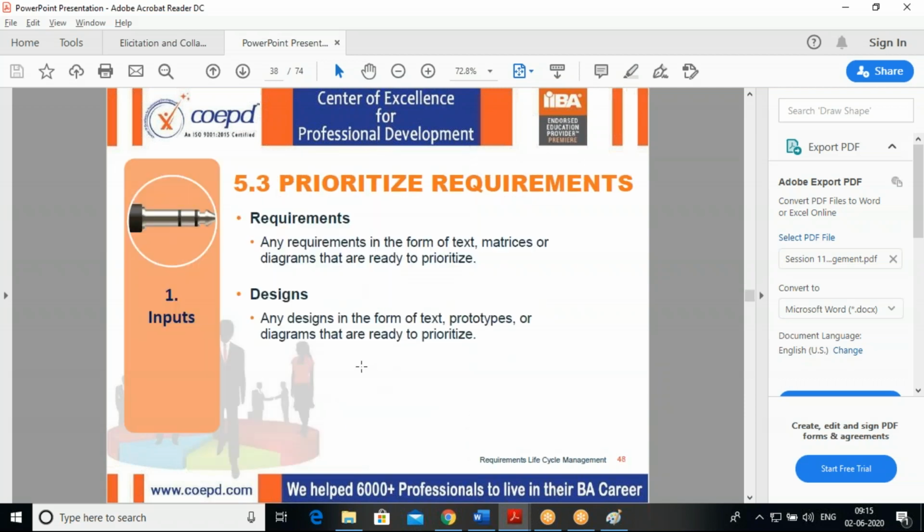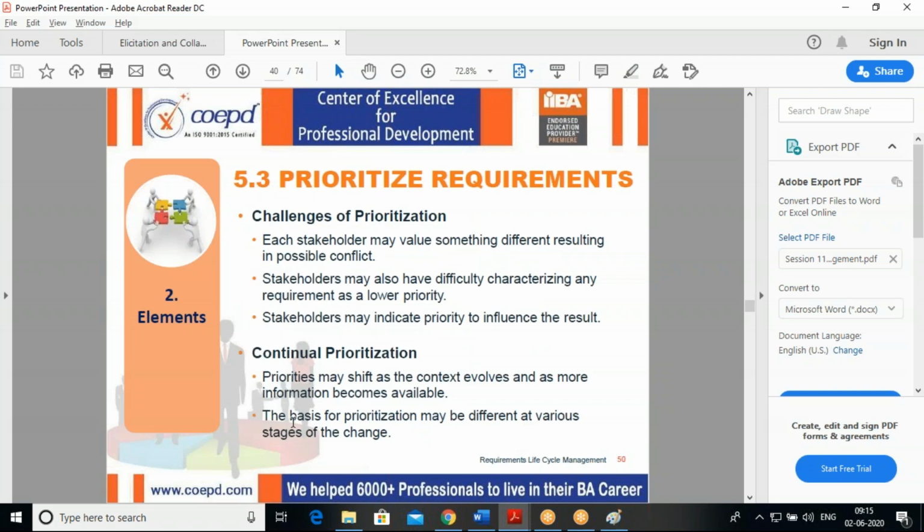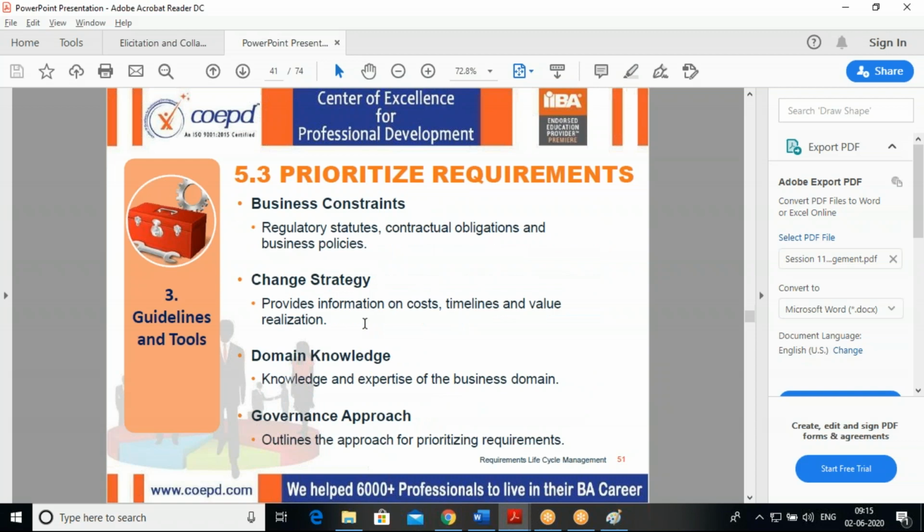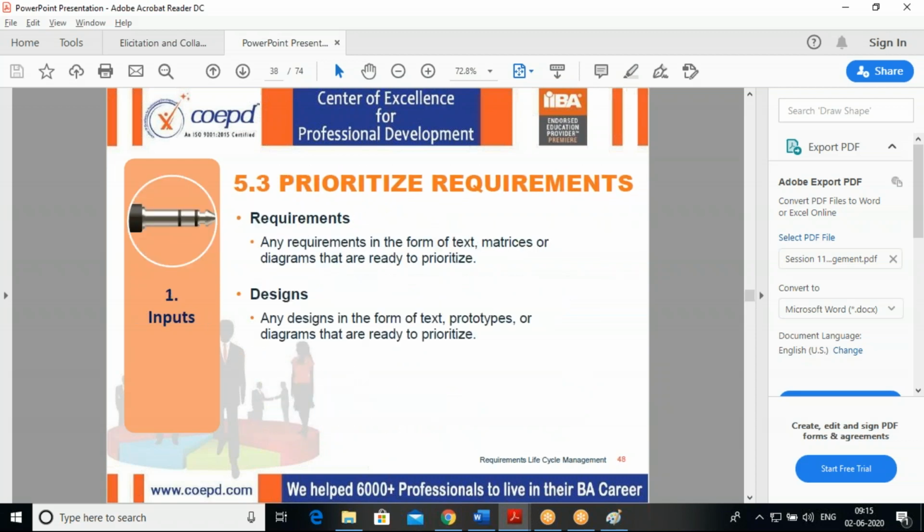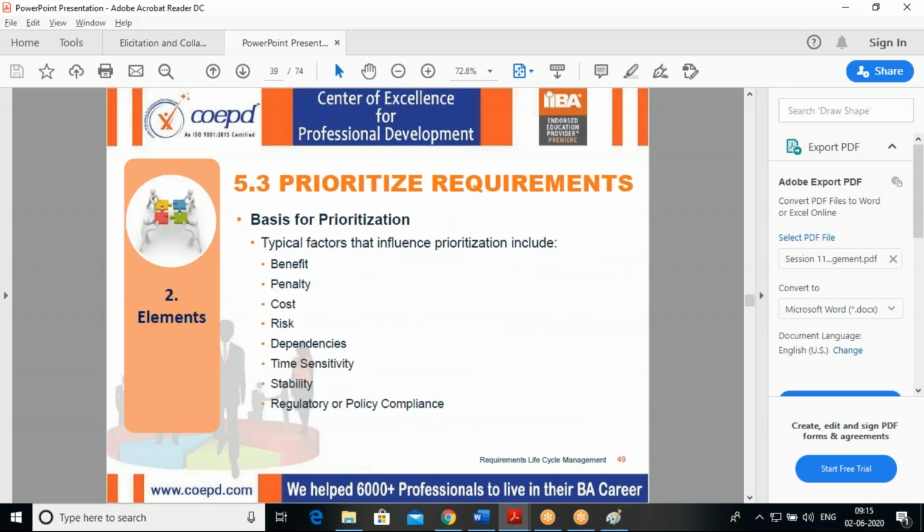Same requirements and design everywhere it comes. A few things you have to think about and take forward, right? Now I want you to start working on the basis for prioritization and just give your thoughts about it. Each one of you will speak about the prioritization.